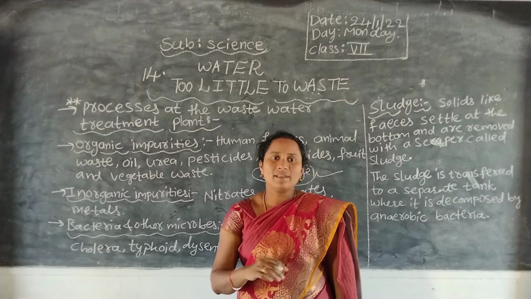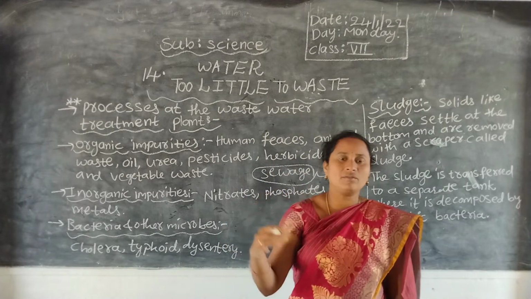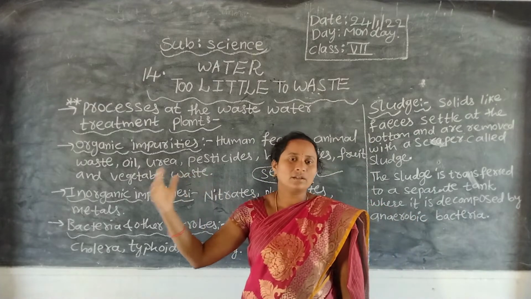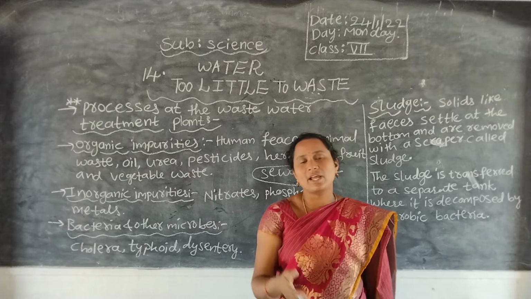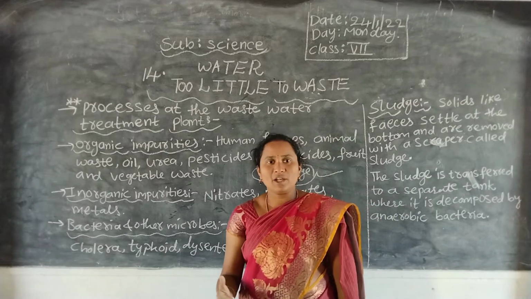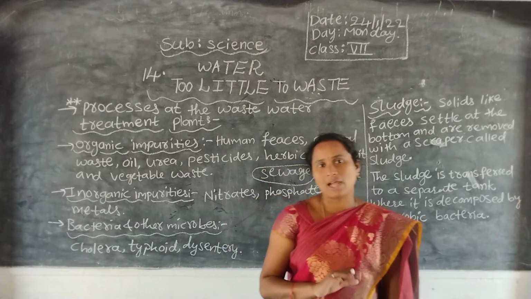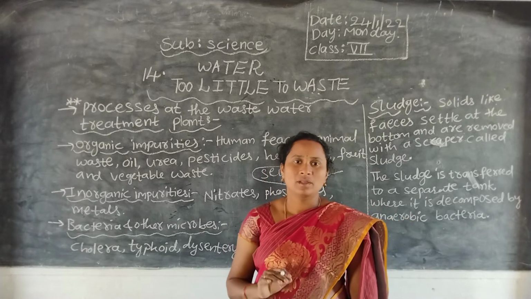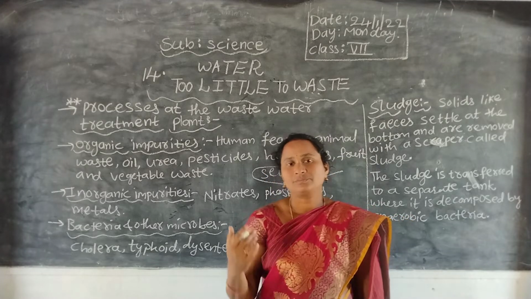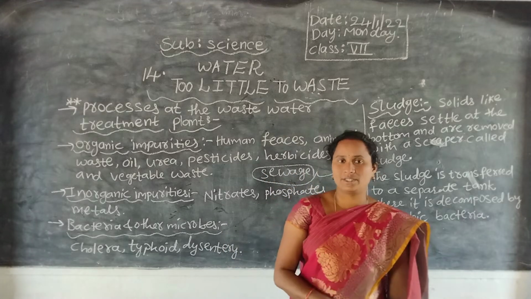When this water is allowed to run into rivers, oceans and seas, what happens? The aquatic animals will get trouble. Complete aquatic life will have problems, and nature is also destroyed.